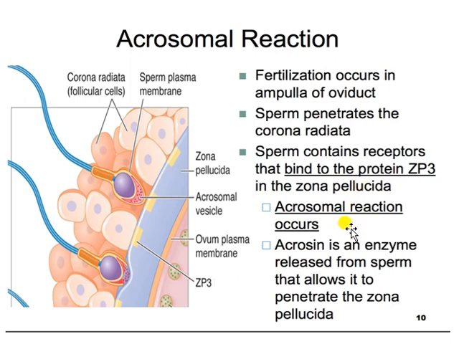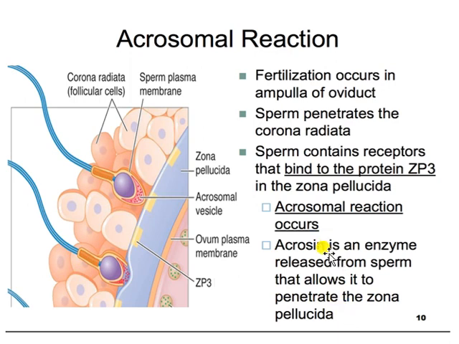the acrosomal vesicle ruptures. That means the acrosomal reaction takes place, and at that time an enzyme named acrosin is released from the sperm, which allows it to penetrate the zona pellucida membrane as well as the next membrane layer.